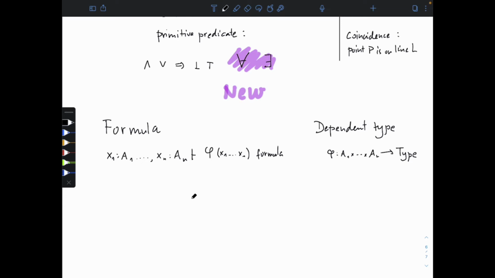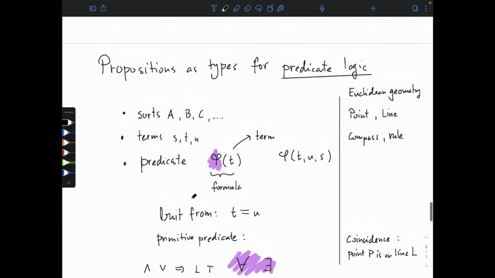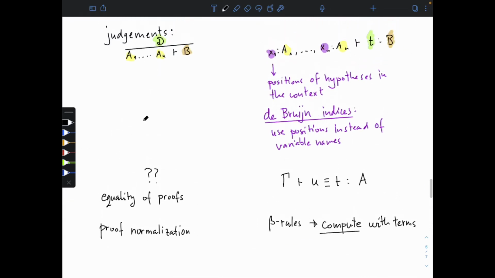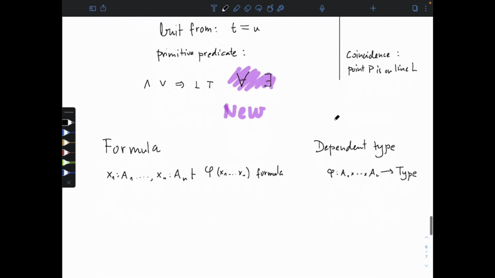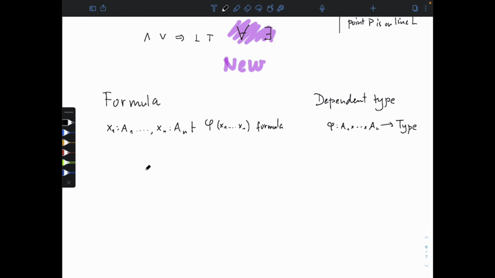Much of the rest stays the same. It's still terms or proofs and so on. There's just these new additions that we have to pay attention to. So what are these new additions? One of them is identity, equality, t equals u at some type A. That's going to be the identity type, id A t u.